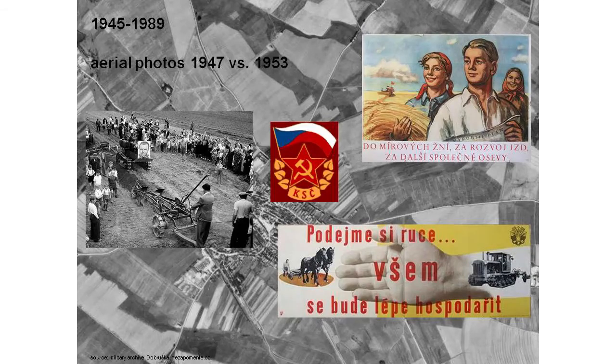Those times were really different from the past. The German population was completely replaced, and because of this change, the collectivization of the land was more rapid than in other areas.